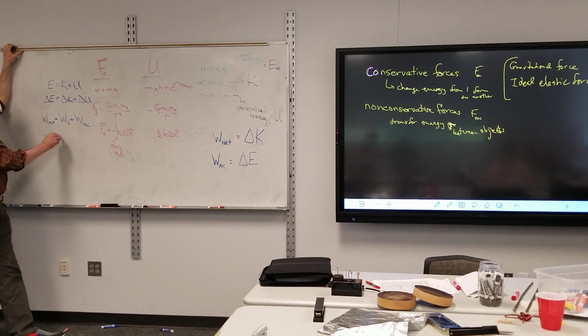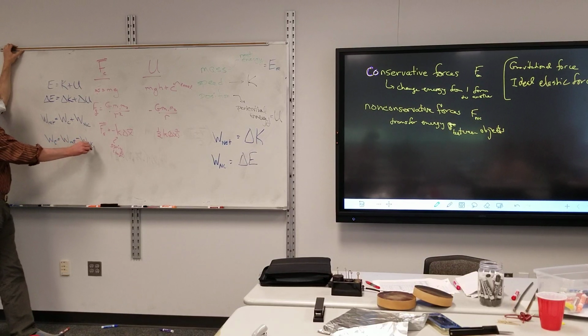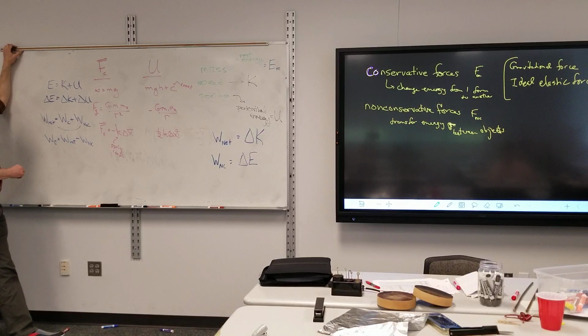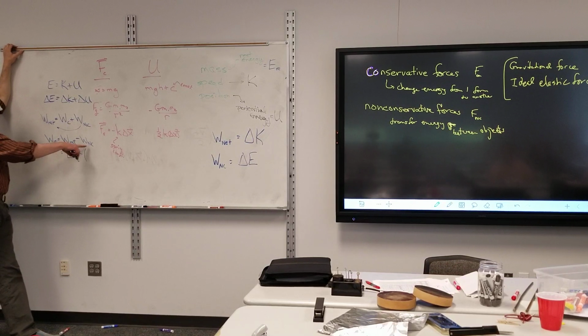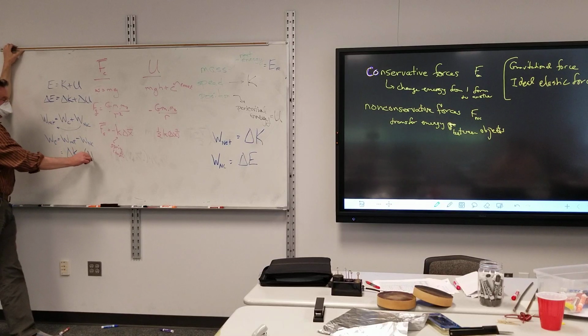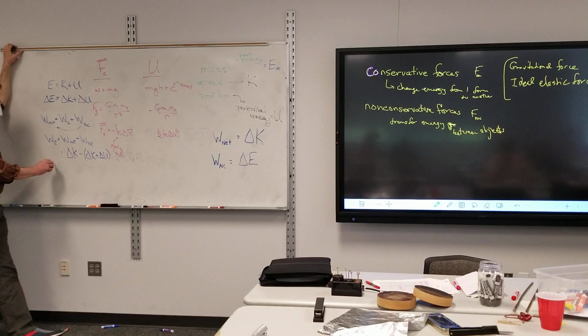So my conservative work is equal to the net work minus the non-conservative work, just subtracting that from both sides. And my net work is equal to the change in kinetic energy, minus my total work, which is the change in energy, which is the change in kinetic plus the change in potential. And so we end up with the conservative work is equal to the negative change in potential energy.